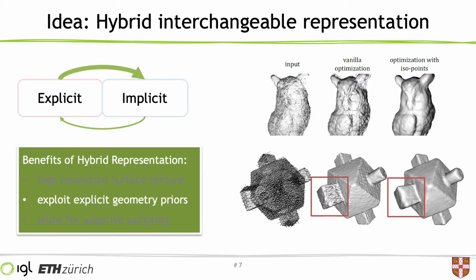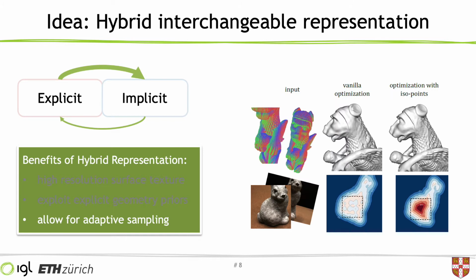On the other hand, the explicit form makes it possible to incorporate a large set of tools from classic geometry processing into the training process, such as providing additional constraints in the presence of noise, as well as providing guidance to generate training samples for more efficient optimization and accurate reconstruction.